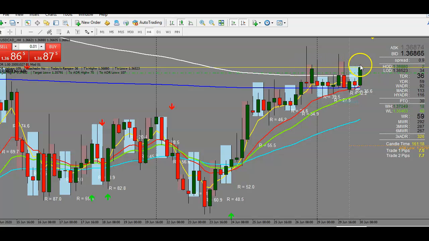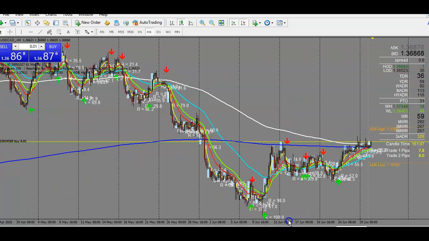It may come on top of the 200 moving average on the 4-hour. But we're more likely looking to sell, unless we're just going to start trending up. That's possible too.